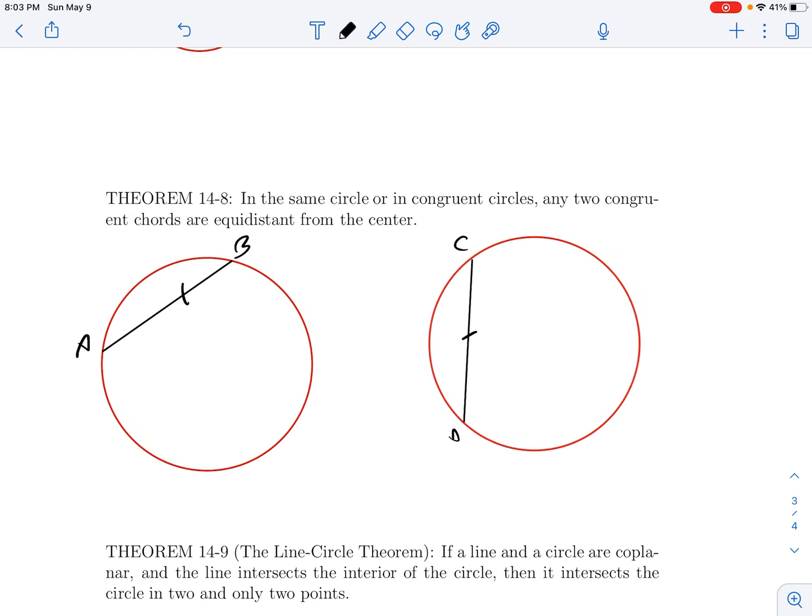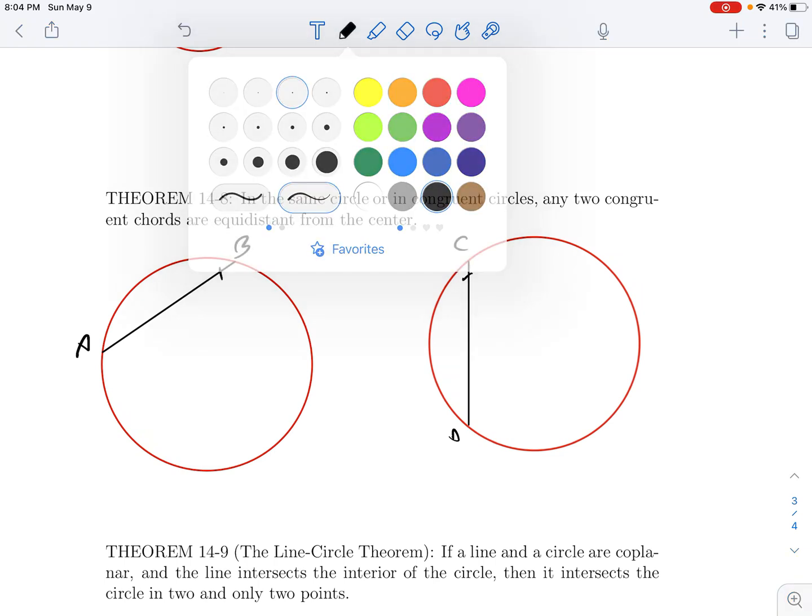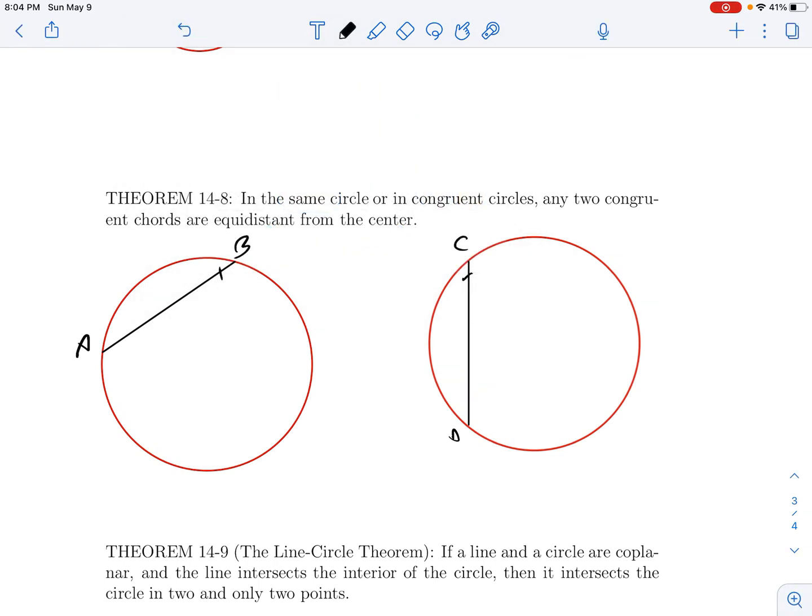If I start with the fact that those chords are congruent, we can prove, and let me actually move those markers a little bit. So if we start with these congruent chords, those 2 congruent chords will be equidistant from the center.